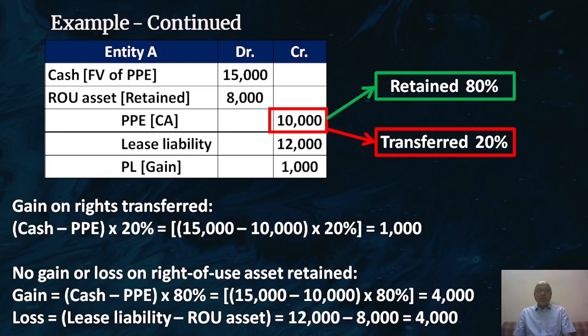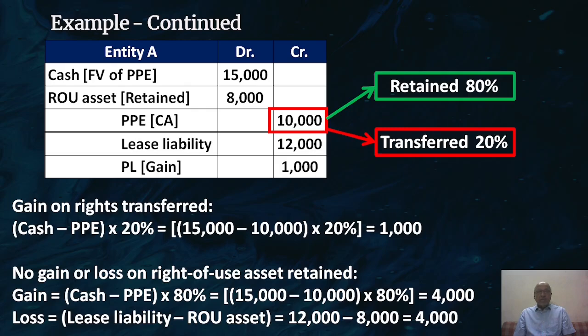Same example we continue. Cash is 15,000, ROU asset 8,000, PPE 10,000, lease liability 12,000, gain 1,000. Already discussed, 80% retained and 20% transferred. Now, how do you calculate the gain on rights transferred? We can calculate it in a different way.